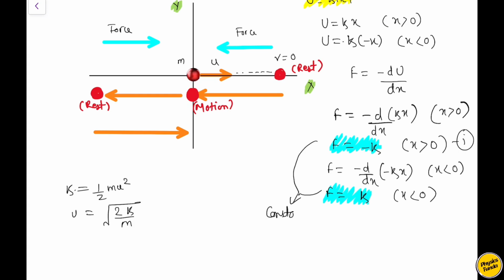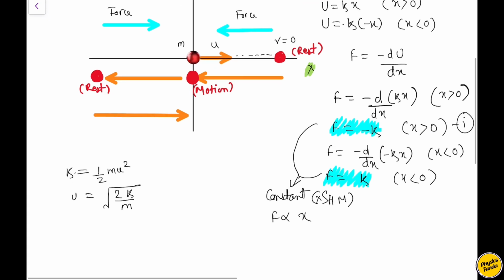So this is not SHM, right? Because for SHM, my force has to be proportional to displacement, right? But it is not happening, so I cannot say this motion is SHM, but this particle is obviously having an oscillation motion, right? And it is symmetric about the y-axis.